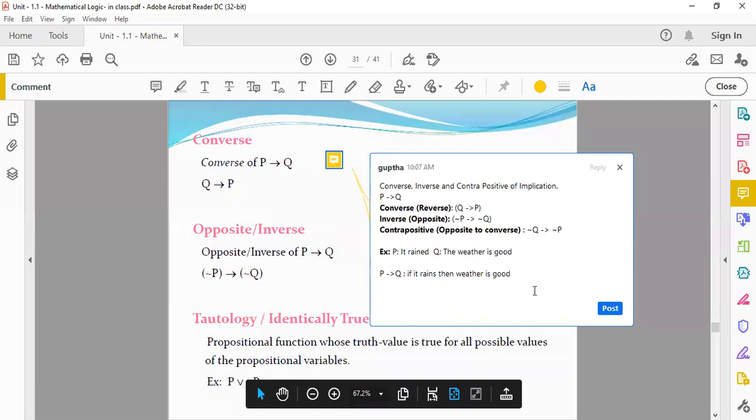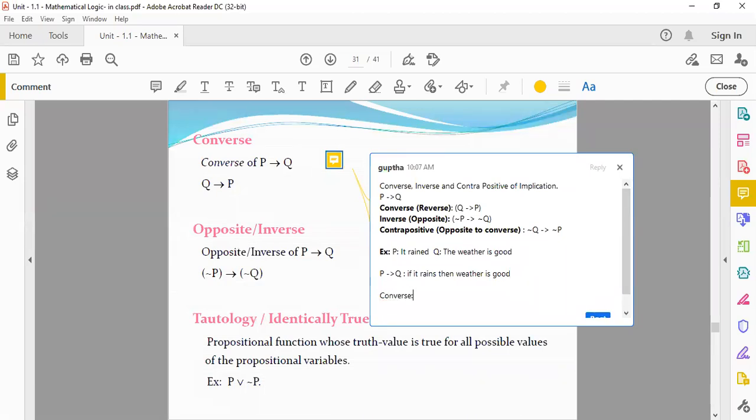Now we are moving to the converse. What is the converse, guys? If the weather is good, then it has rained. Very good answer.